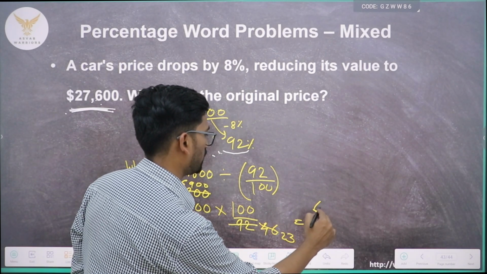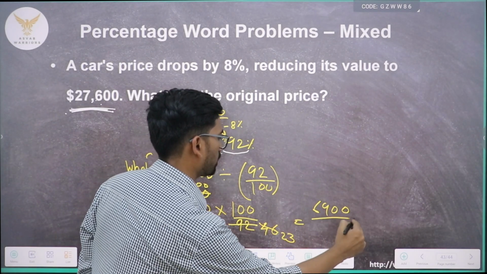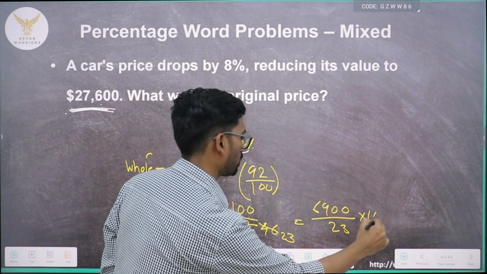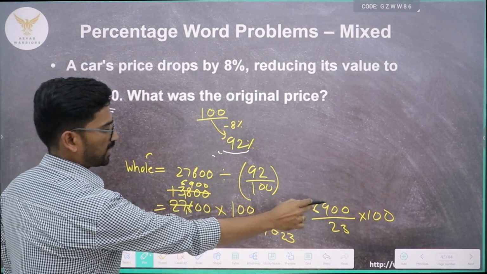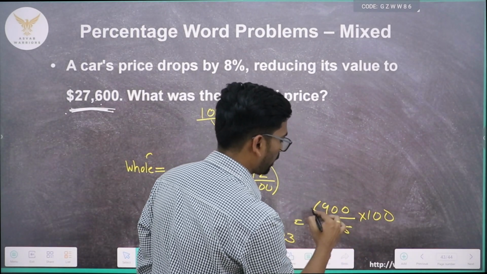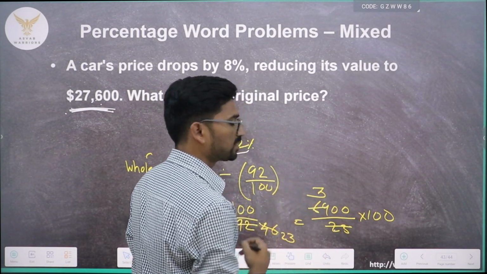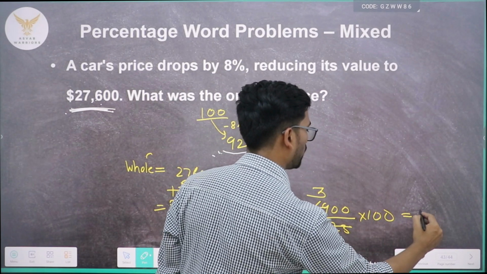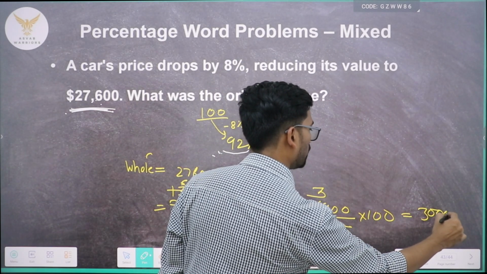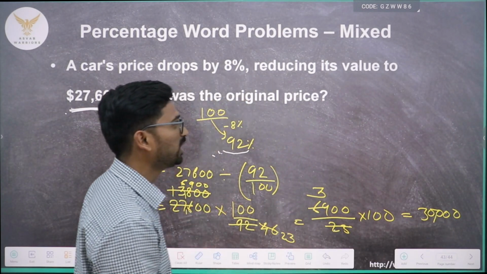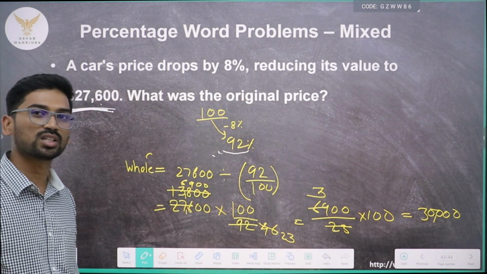So we are left with 6,900 upon 23 into 100. This is 6,900, this 23 over here, and 100. We know that 23 3s are 69. So 300 into 100 will be 30,000.